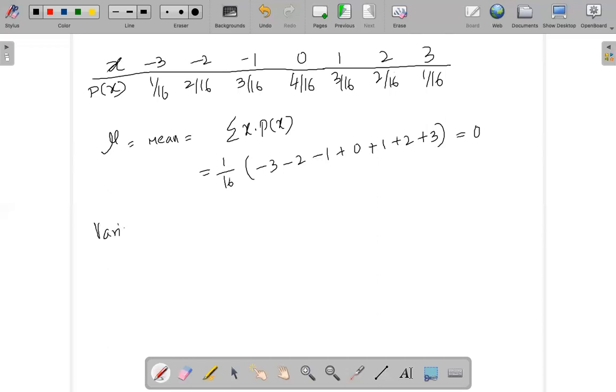And the variance is summation of (x minus mu) whole square into P of x. So you get 40 by 16, which is 5 by 2.